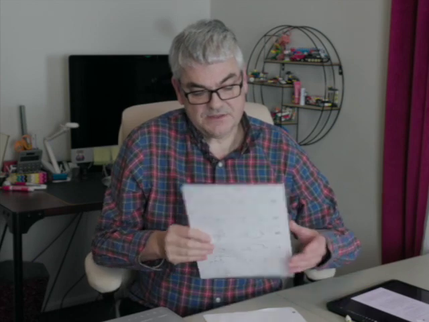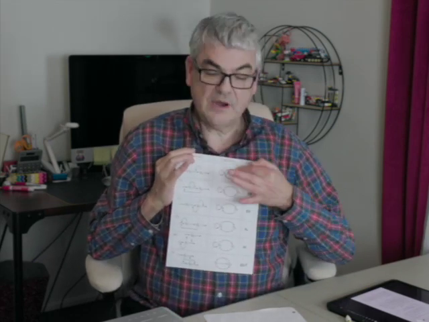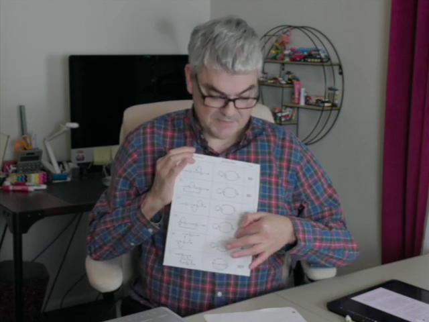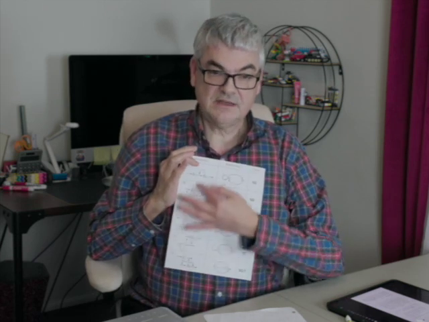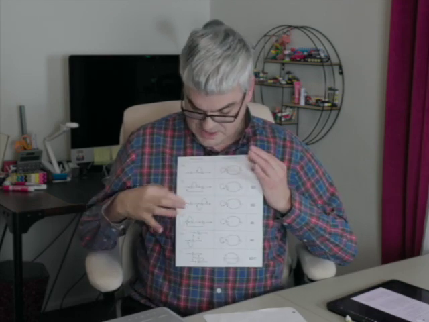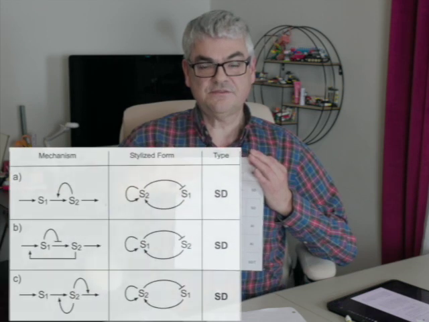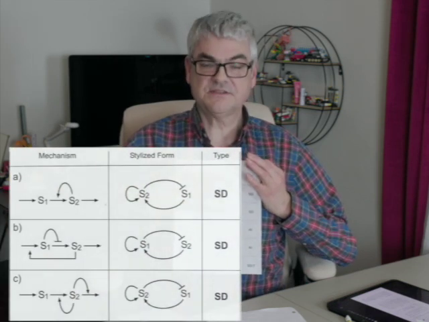To give you an example of what we did, this is a sheet I've got which contains on the right-hand side the design pattern, and on the left-hand side an actual mechanistic implementation. So if you look at the first three, you can see that they are quite different, but the design pattern is the same.